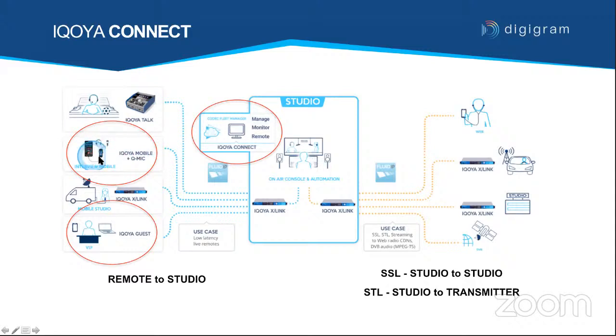So if you want to use Akoya Mobile along with Akoya Connect to connect your cell phones in the field to an existing infrastructure, as long as that existing infrastructure is SIP compatible, we can register it on Akoya Connect, and Akoya Mobile and Akoya Guest can be used. So that makes it very powerful. I don't care if this is an intercom system or an audio codec for broadcast or anything in between. If it is SIP compatible, we can register it and use Akoya Mobile with that device.